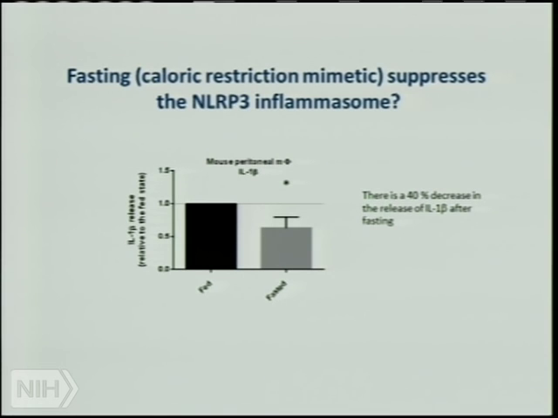So the first thing, and this was Javier Traba in the lab, looked at mice where he fasted them for 48 hours as a caloric restriction mimetic, and looked at primary peritoneal macrophages to look at IL-1 beta release, and demonstrated that there was a robust reduction in IL-1 beta release and a similar release of TNF-alpha, which is not shown here, suggesting that this could be an NLRP3 associated event.